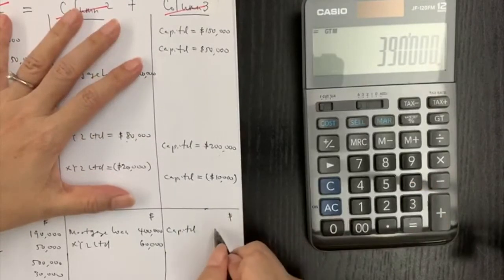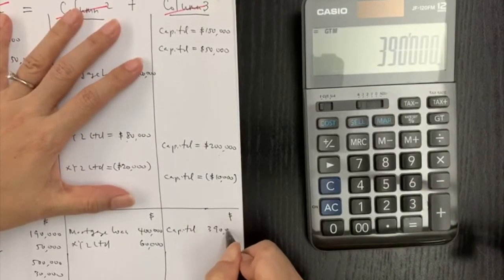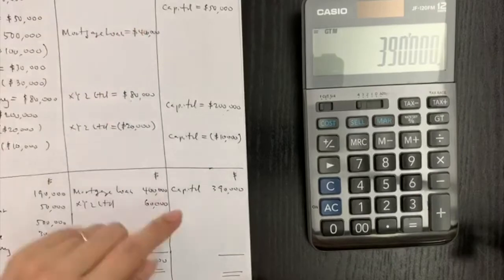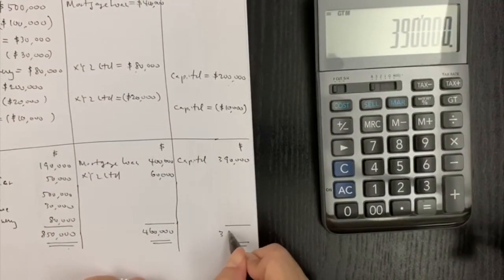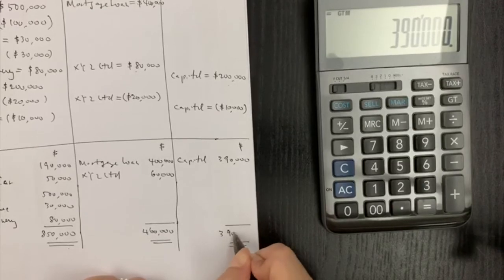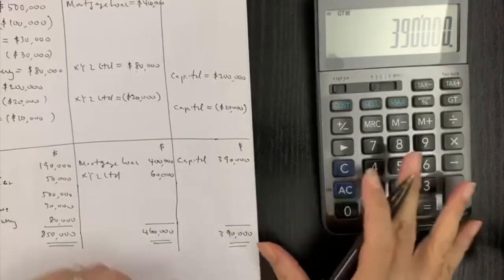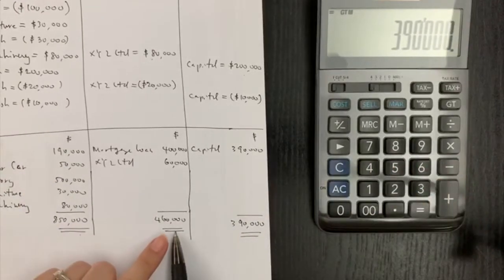So I have this final figure for capital, and then no more. So this is 390,000, column 3. So this is the total.